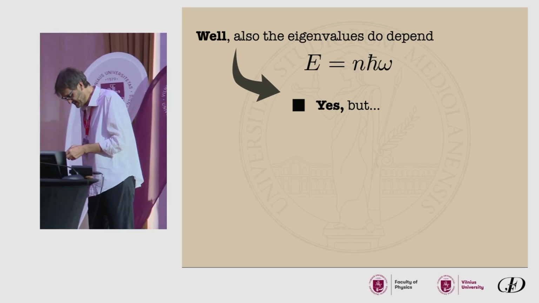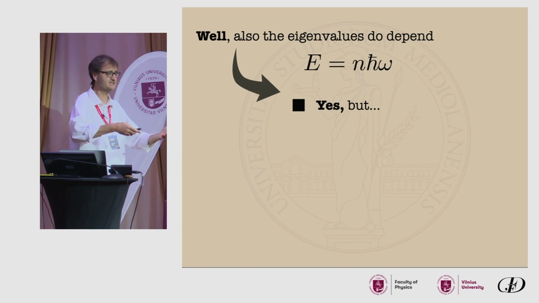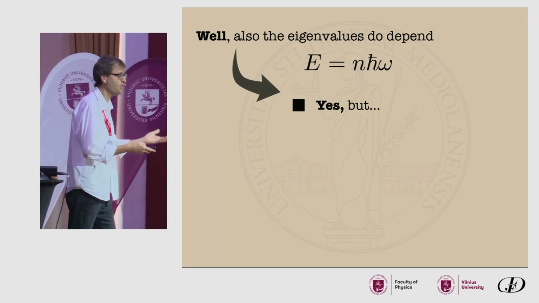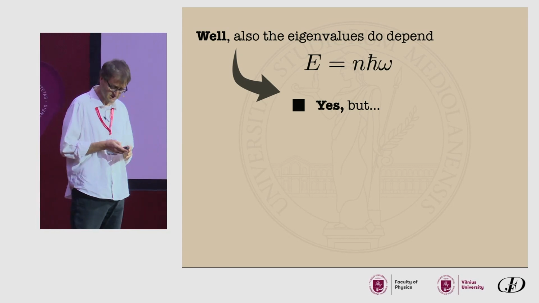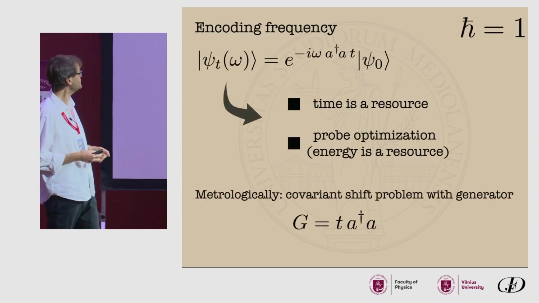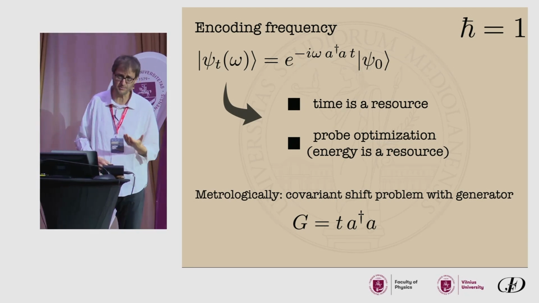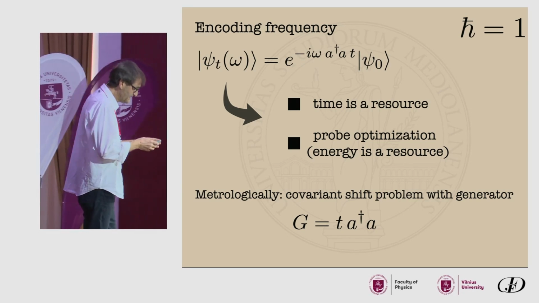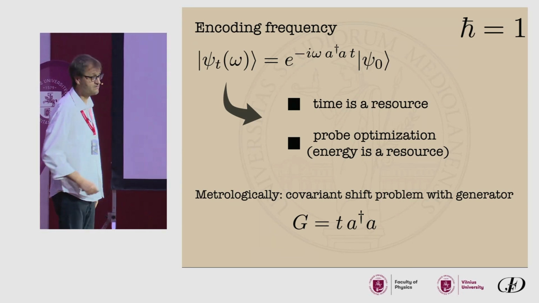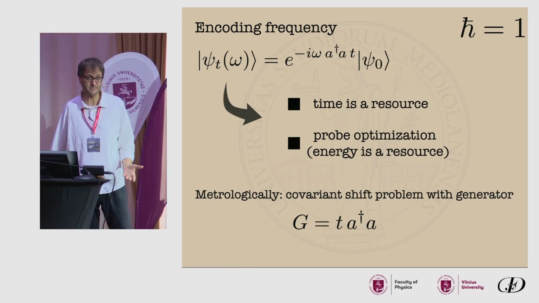So I hope to have convinced you that static measurement, where you prepare a state and then you measure something and hope to extract information about the frequency, is not convenient. So what can we do? Well, we can resort to a dynamical strategy. You prepare a state, then you let the state evolve, and the free Hamiltonian of the harmonic oscillator is encoding information about the frequency.